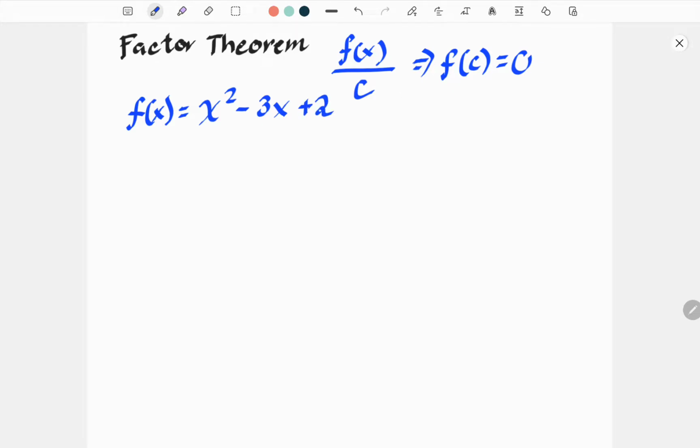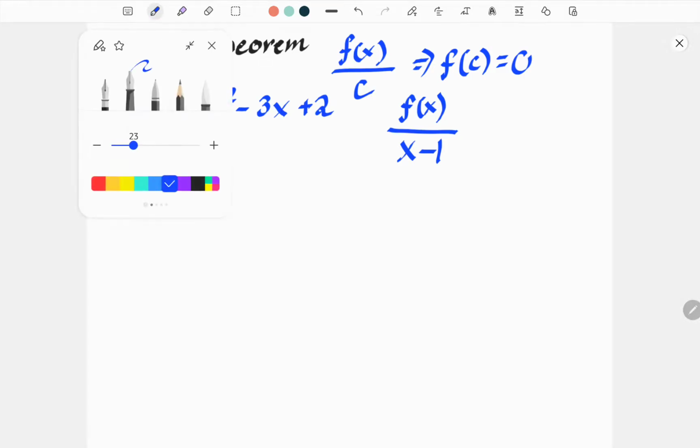And then let's say that our f of x was being divided by x minus 1.